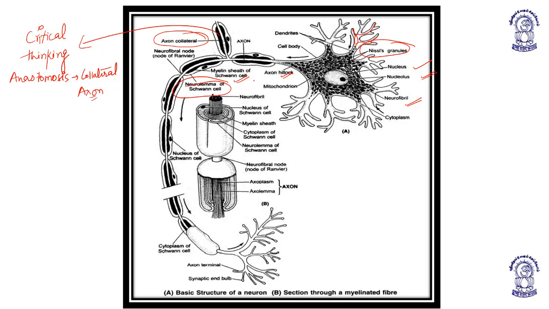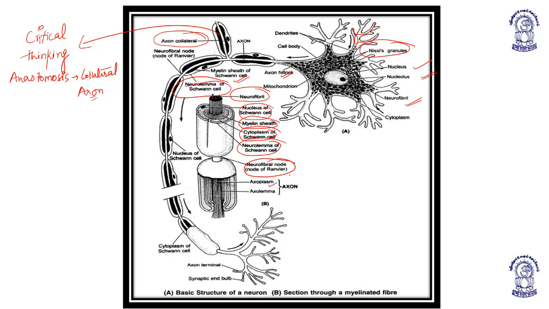Then this is a neurofibril, the nucleus of the Schwann cell, the myelin sheath, which is the fatty tissue layer, the cytoplasm of the Schwann cell, and the neurolemma of the Schwann cell. So Schwann cells are basically framed or guarded by the neurolemma. These gaps in the neurofibril are known as nodes of Ranvier.